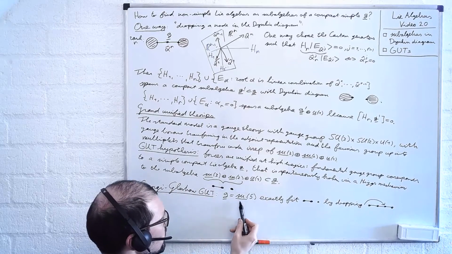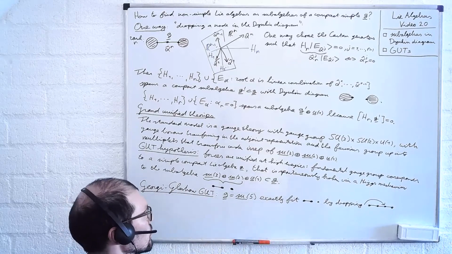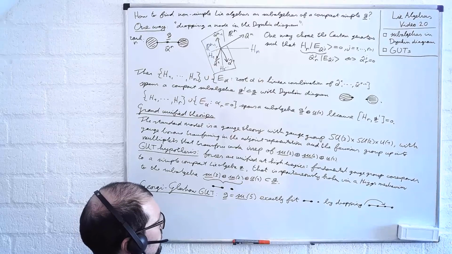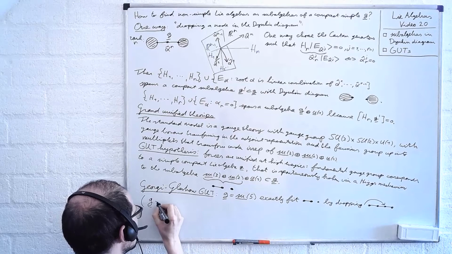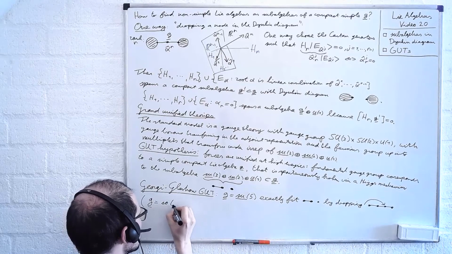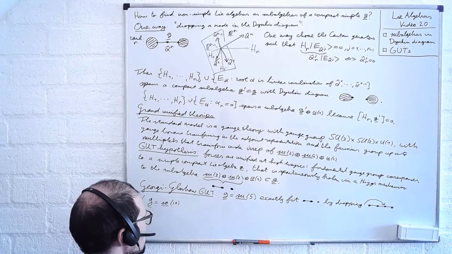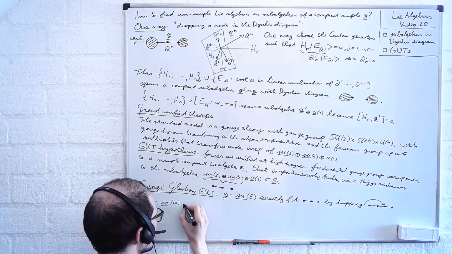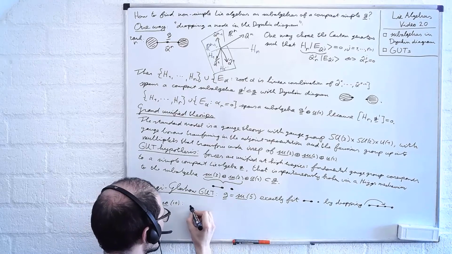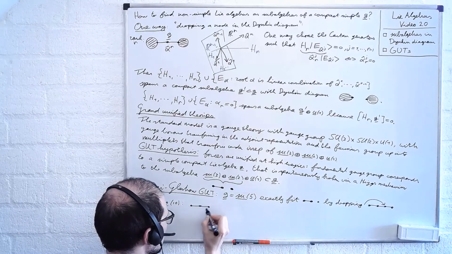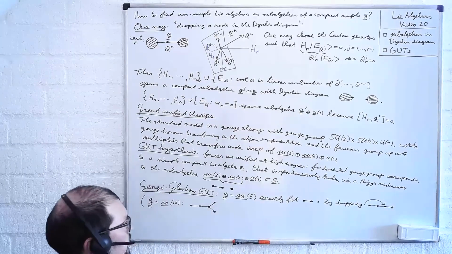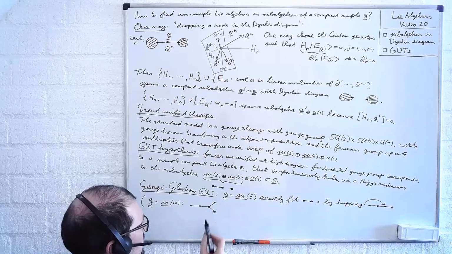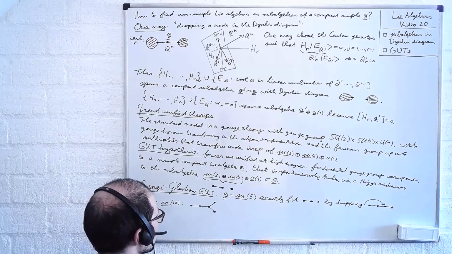So this is really the simplest example, but you can look at more complicated examples. For instance, you could take also G to be SO10. So this is the next simplest example. Remember SO10 has the Dynkin diagram as follows. So it's a rank 5 Lie algebra.